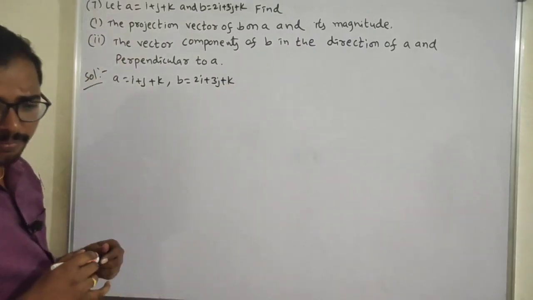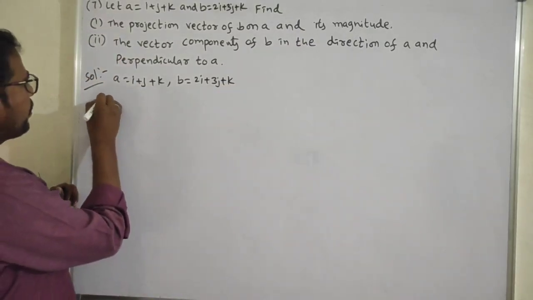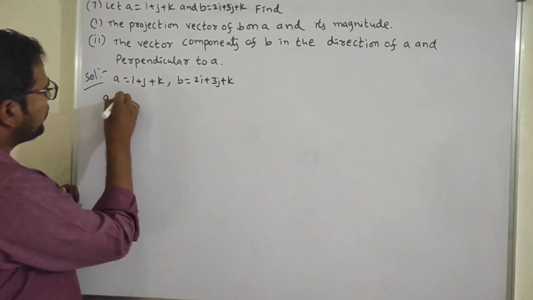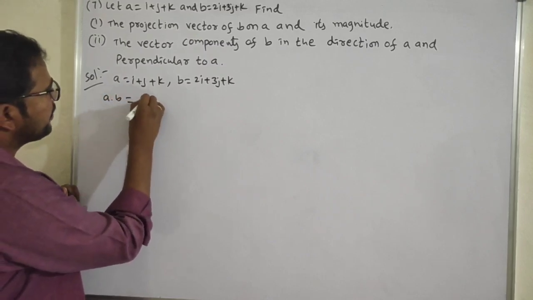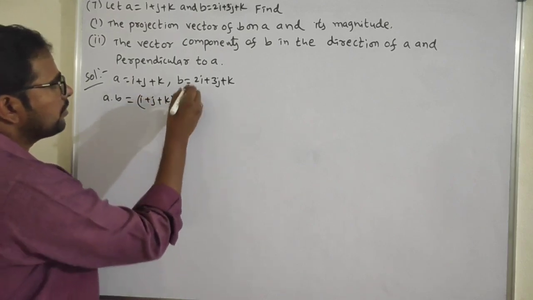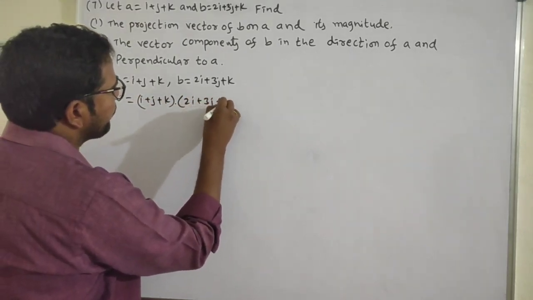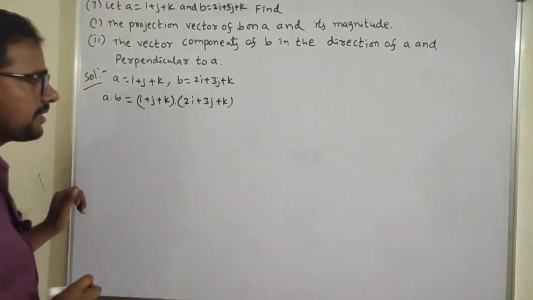So first find A dot B. A dot B is equals to i plus j plus k dot 2i plus 3j plus k.